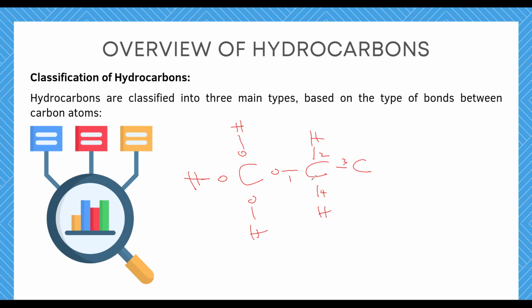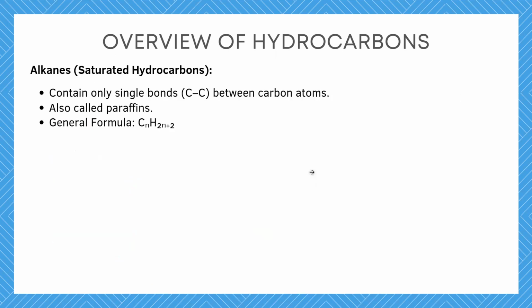So, based on the kind of bonds that are occurring between a carbon atom or carbon atoms in a hydrocarbon compound, we have three main classifications of hydrocarbons, and these are them. Class number one is called the alkanes. Can you say that after me?